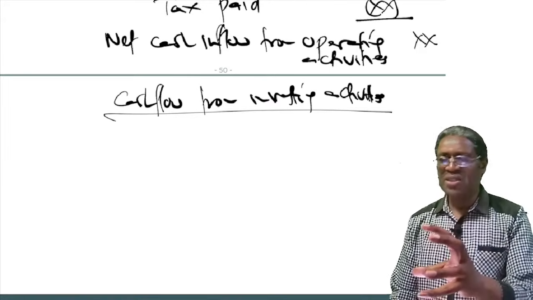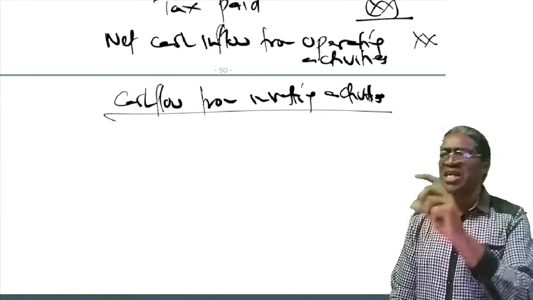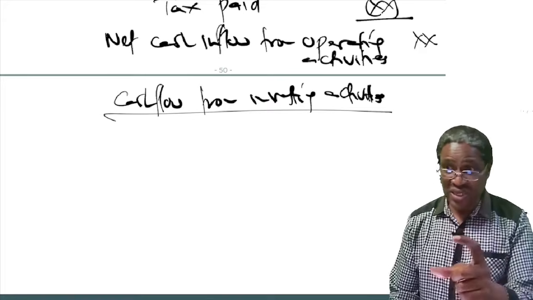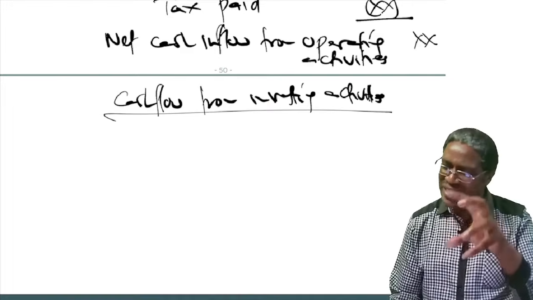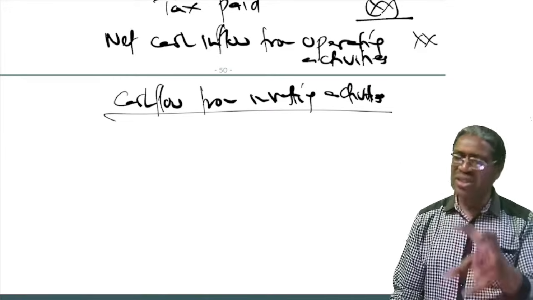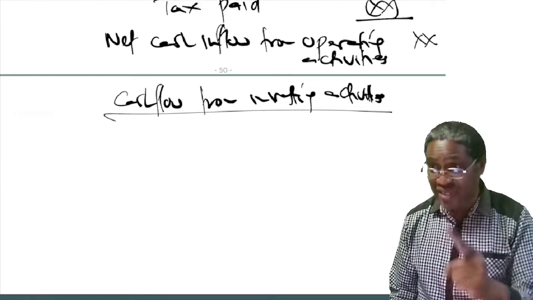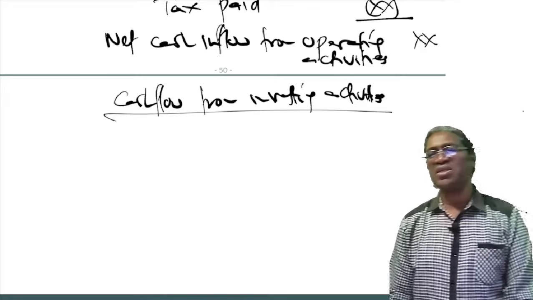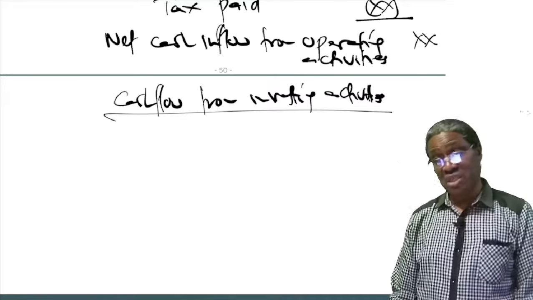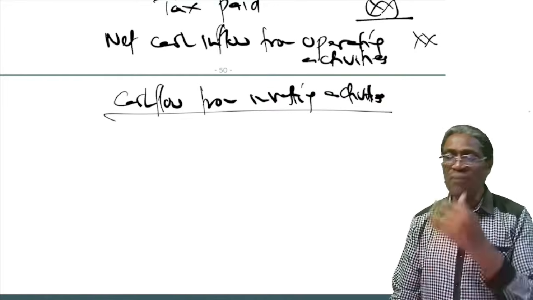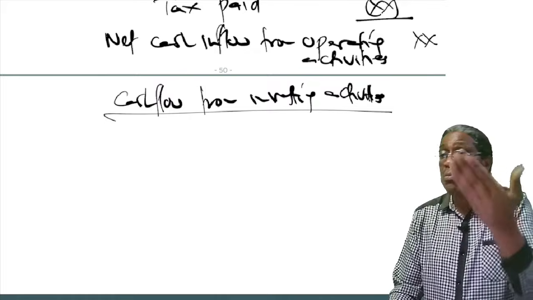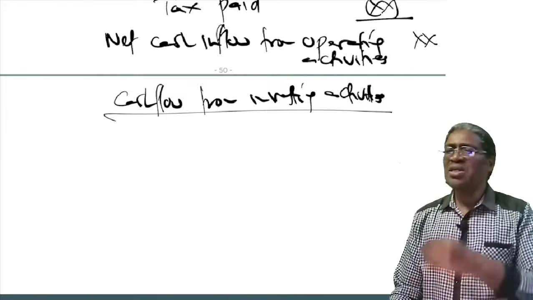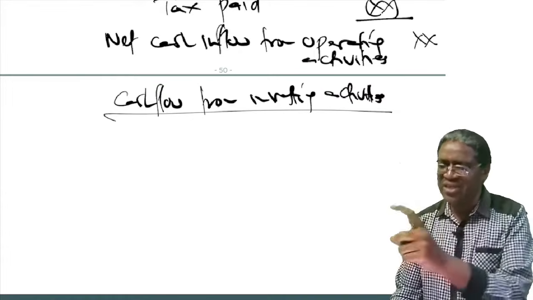Investing activities are those transactions and events that affect fixed assets. Any transaction and events in your business that affected a fixed asset should be classified as an investing activity. For example, during the year you could have purchased a motor vehicle or purchased land or purchased building. It's a transaction that affected a fixed asset.